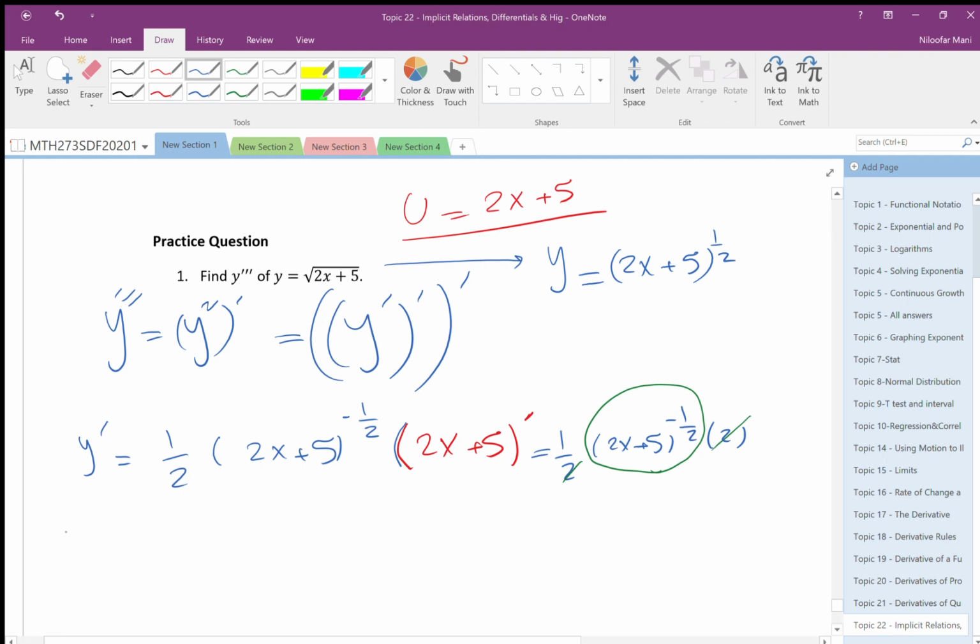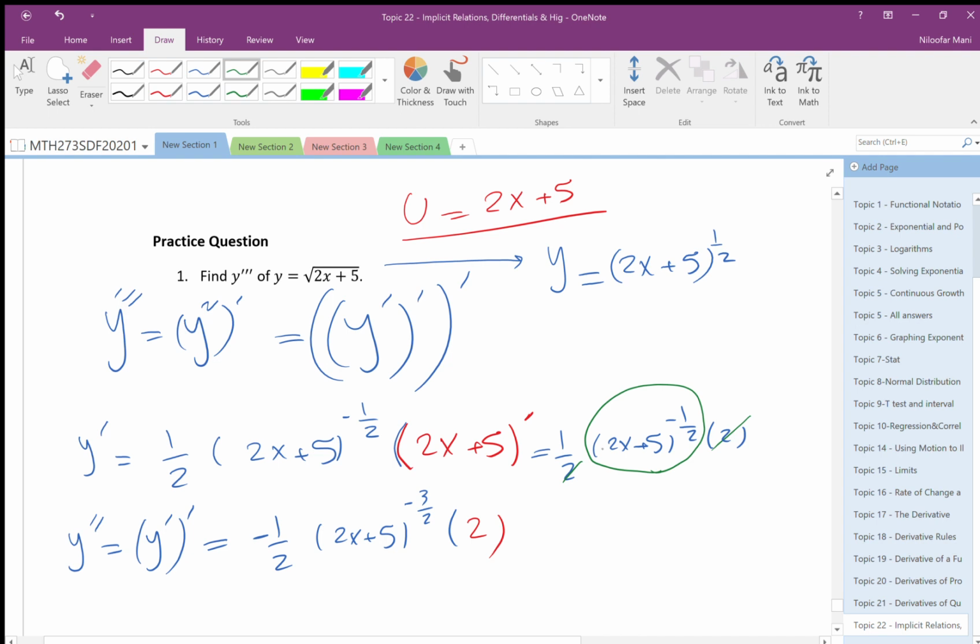Okay, so y double prime is the derivative of y prime, which is minus 1 over 2 times (2x plus 5) to the power minus 1 over 2 minus 1, which is minus 3 over 2, times the derivative of u, which is u prime, and is 2. Because I still have u here. Again I cancel 2 and 2.